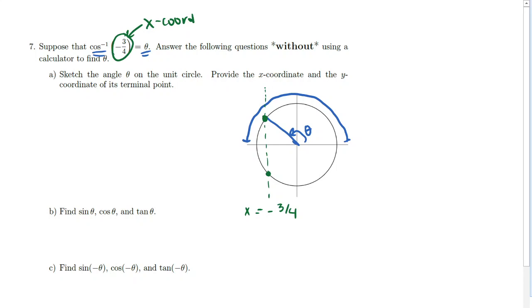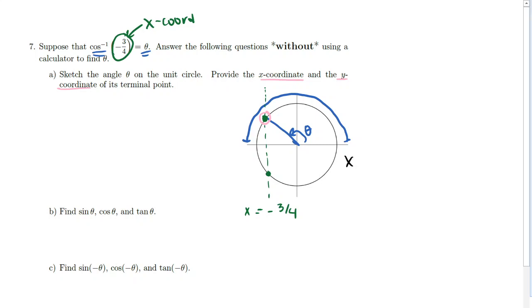So here we're just asked to sketch our angle, and now we need to figure out the x and y coordinate of this point on our unit circle. Well, we've already found the x coordinate, negative 3 over 4. And now how do we find the y coordinate?